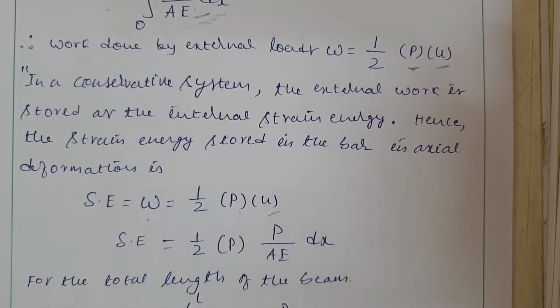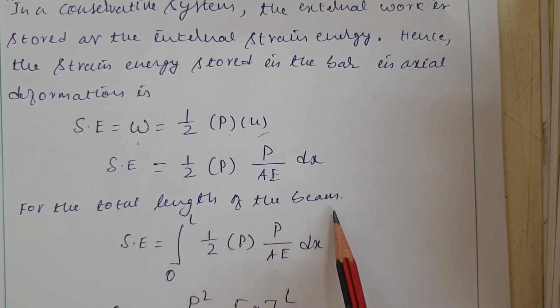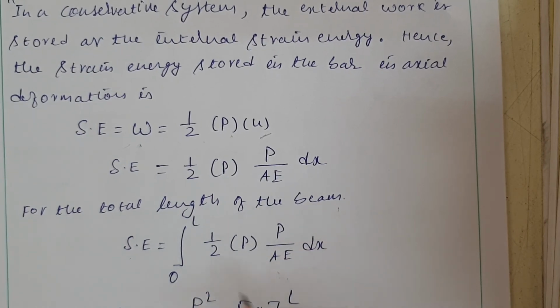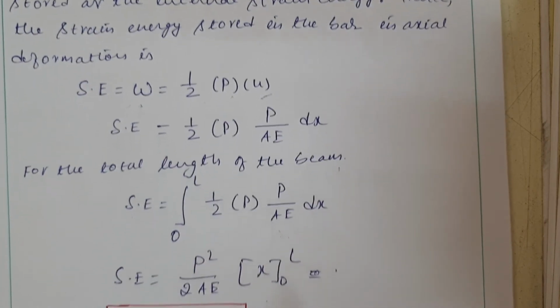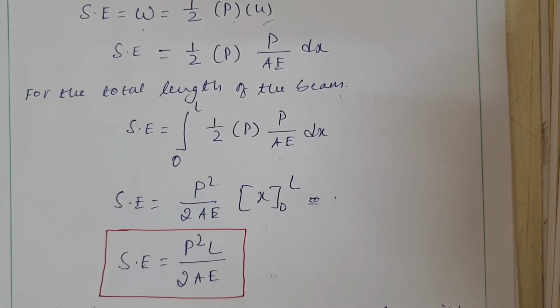Then I integrated that equation with respect to L to get the total beam, and I get the equation as this. This is the total strain energy when a bar is subjected to axial load along the centroidal axis.